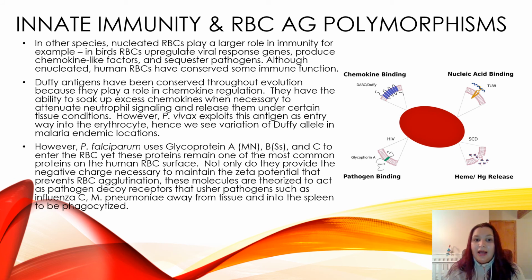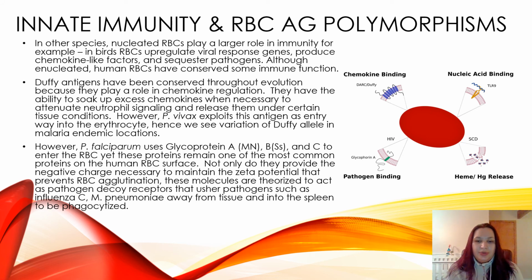But P. falciparum uses glycophorin A, B, and C to enter the RBC, yet these proteins remain some of the most common proteins on the RBC surface, so they haven't really experienced the same evolutionary pressure as Duffy did, which is strange.